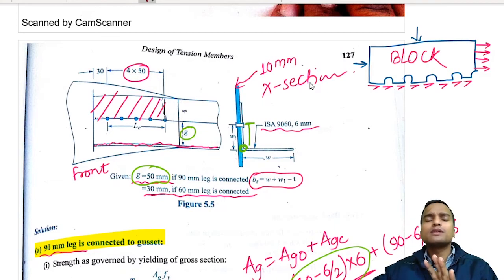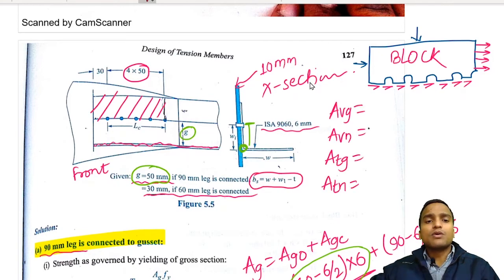Now we have to calculate 4 values of area: AVG, AVN, ATG and ATN in this case. If we see, all the dimensions are given here. This is the 30 edge distance and this is our 200. If the 90 mm leg is considered and G is equal to 50, then this length will be equal to 40.